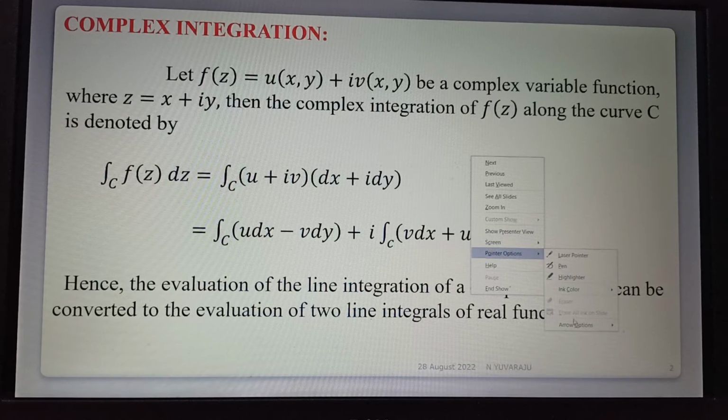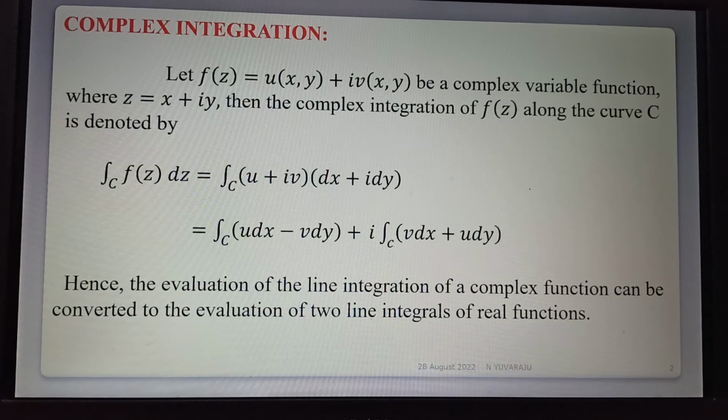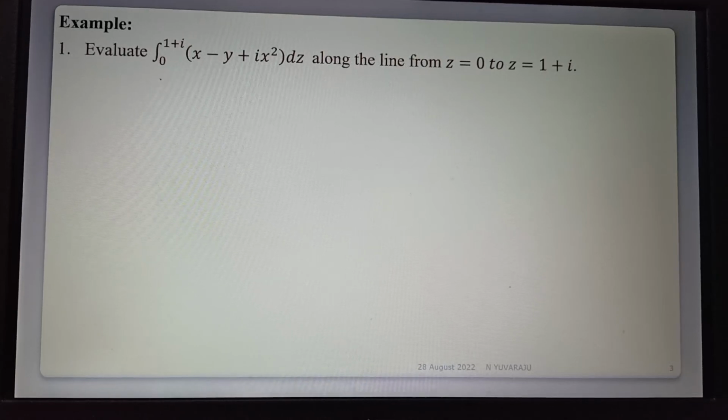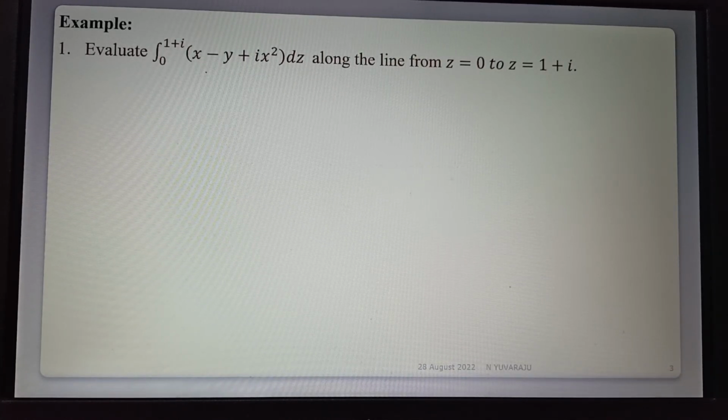Now see some examples. Evaluate the integration from 0 to 1 plus i of x minus y plus i x squared dz along the line from z equal to 0 to z equal to 1 plus i.